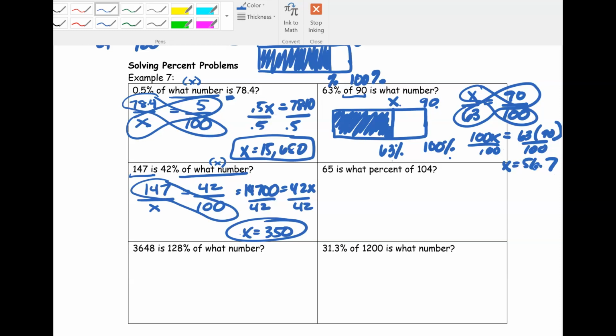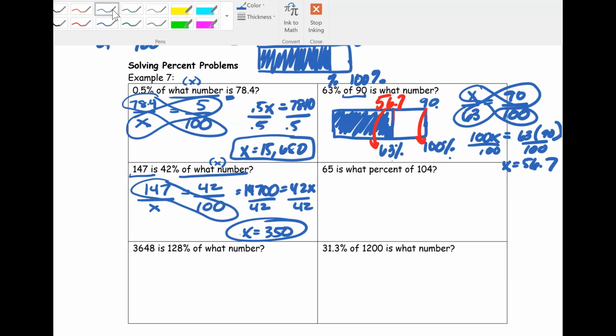And the great thing is you can come up to your picture now and write in your answer, 56.7. Double check. You can divide these together and divide these. You should get the same number, but ask yourself, does this make sense? If 90 is all the way filled up, is 56.7 about 63%? It's a really great visual to just eyeball whether or not your answer makes sense.